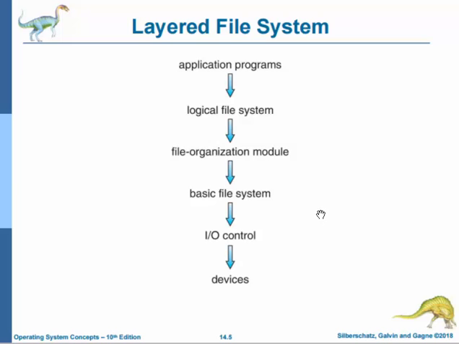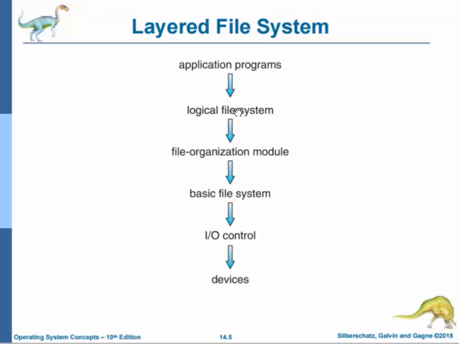This is an example of a layered design wherein the file system is generally composed of many different levels, and each level in the design uses the features of the lower levels to create new features for use by the higher levels.